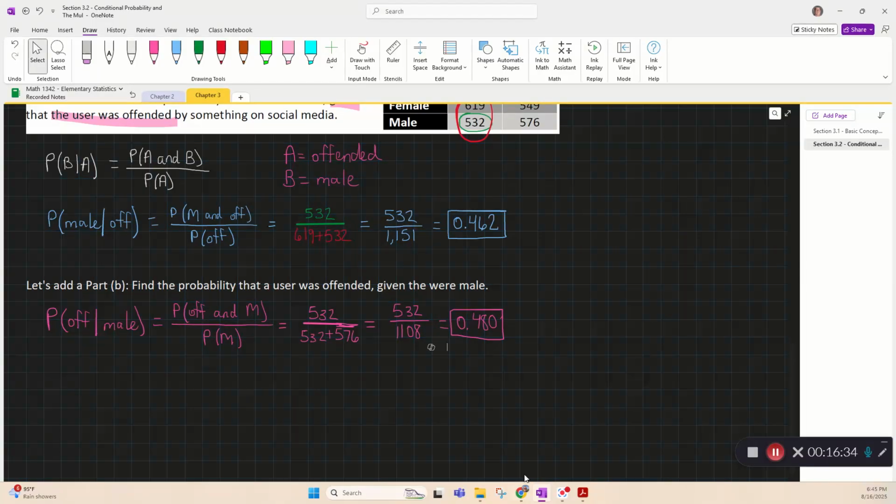So what's the takeaway then? Why did I have us add this part B? It's because I want you to notice that the probability of male given offended is not equal to the probability of offended given male.